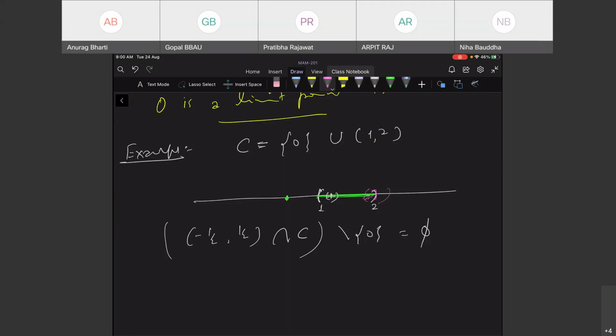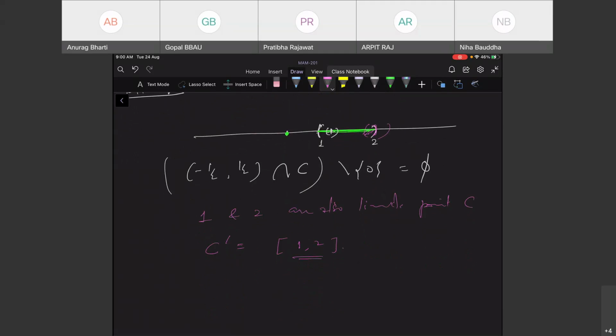Similarly, any neighborhood of 1 will intersect with C, and there are infinitely many such points in the intersection. Therefore, 1 and 2 are also limit points of C. This means C dash, the derived set, is nothing but the closed interval 1 comma 2.